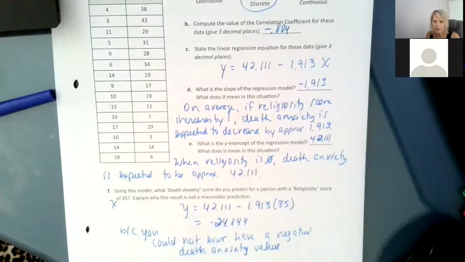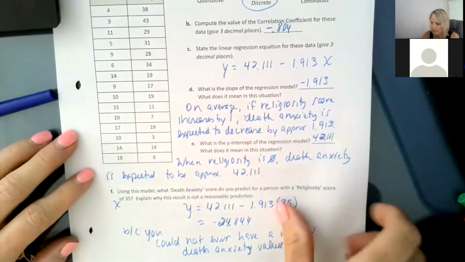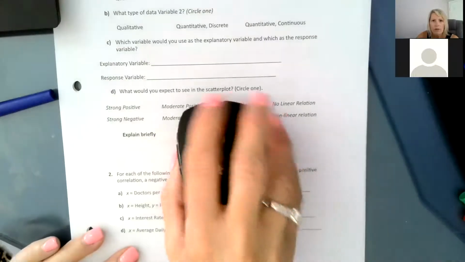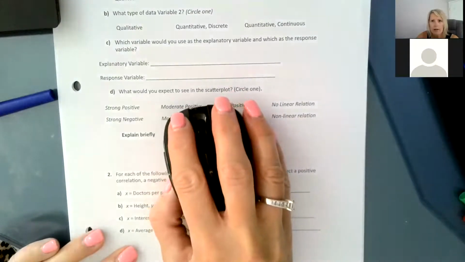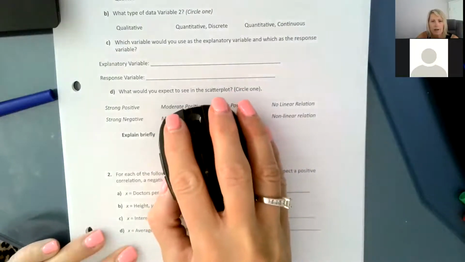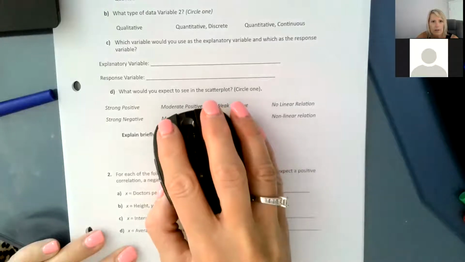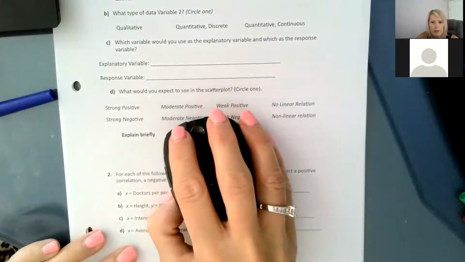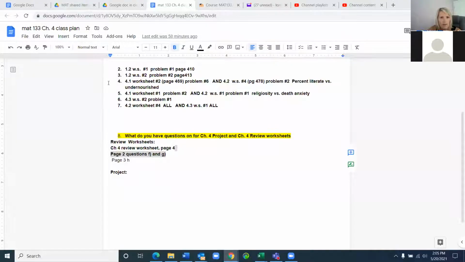Any questions so far? No. So let's go back and check what we have on our Google Doc. We've covered 2, 3, 4, and 5. Number 6 says 4.3, worksheet number 2, problem 1.